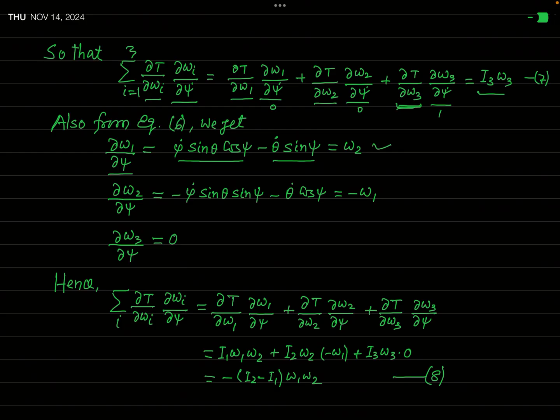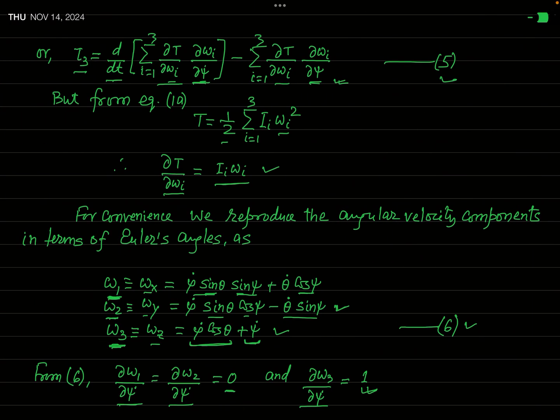Okay. Now differentiate this omega 2 with respect to psi. See the expression. When you differentiate this, phi dot sine theta will remain as it is, and the derivative of cos psi will be minus sine psi, and that of sine psi will be cos psi.